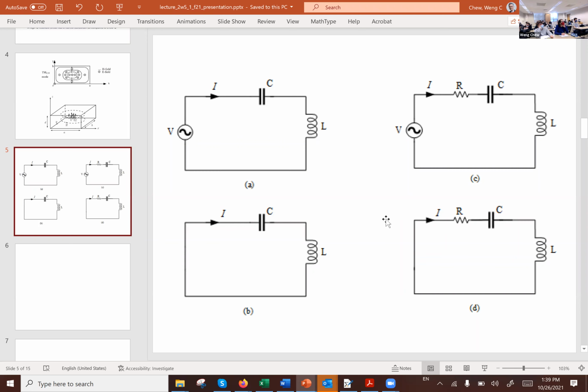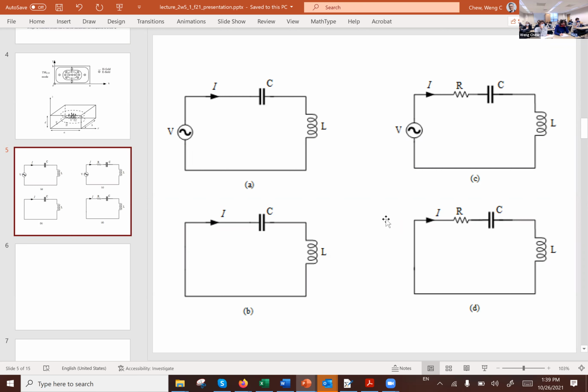The persistent current flow, as you all know, as good electrical engineers, means that there will be a stored energy in the inductor, and the stored energy in the inductor will be composed of magnetic field, and that stored energy can be transferred to the stored energy in the capacitor, and when it gets transferred to the capacitor, the energy storage will become electric field. So the energy can flow back and forth between stored magnetic field energy as well as stored electric field energy.